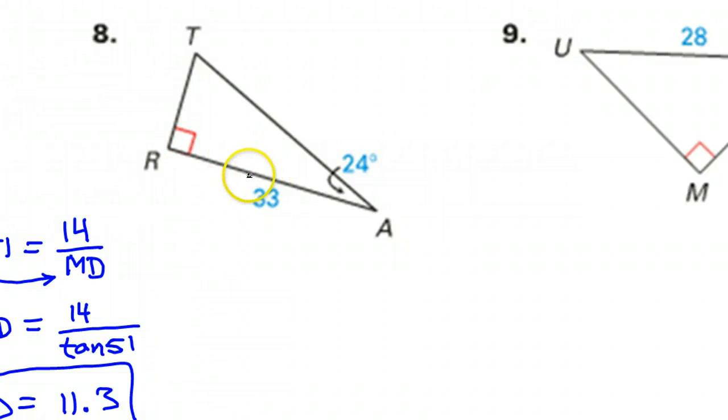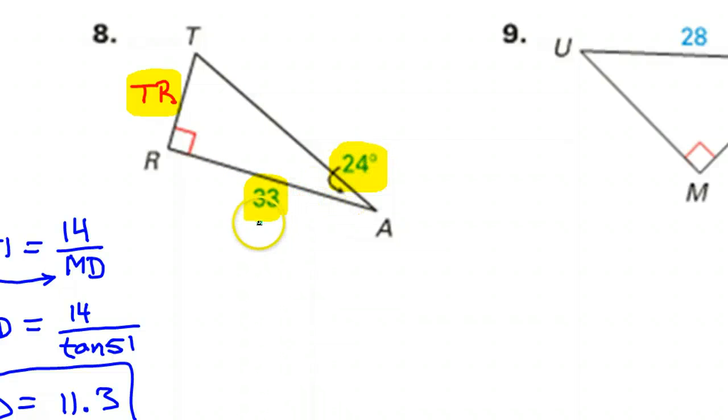Okay, so we're missing one angle and we're missing 2 sides. So this is going to be almost identical to the problem that we just did. All right, so let's start off by finding TR. It doesn't really matter what you start off with, but I'm just randomly picking TR. So looking at the thing that we're trying to find and the 2 things we're given, which trig function is this?